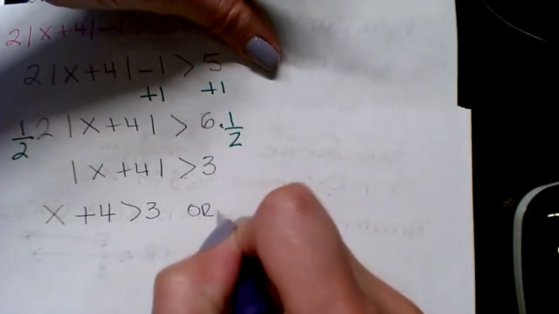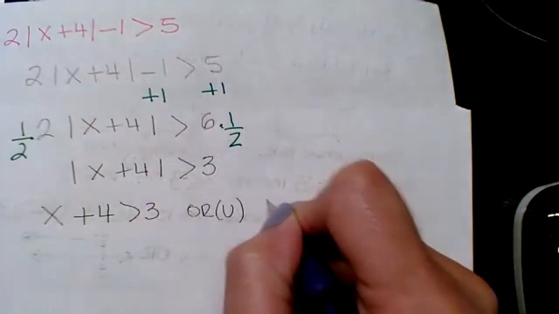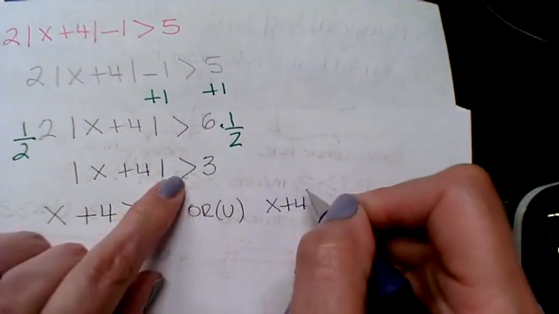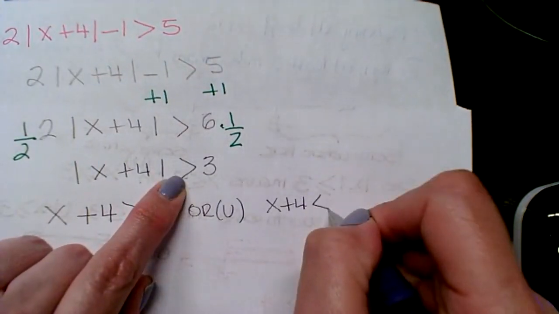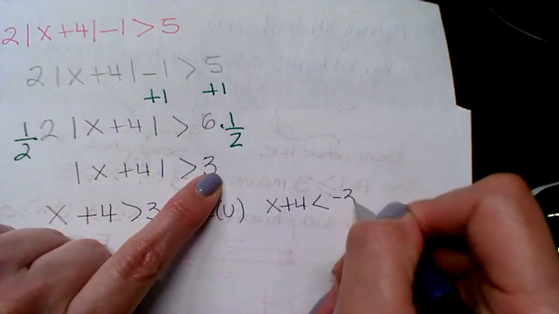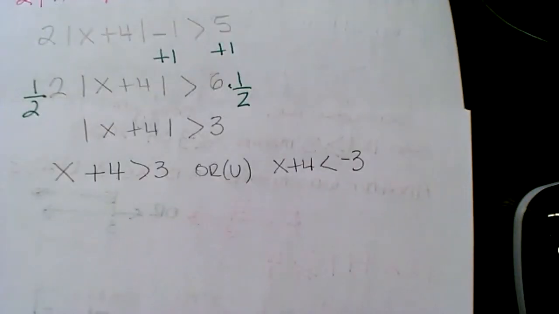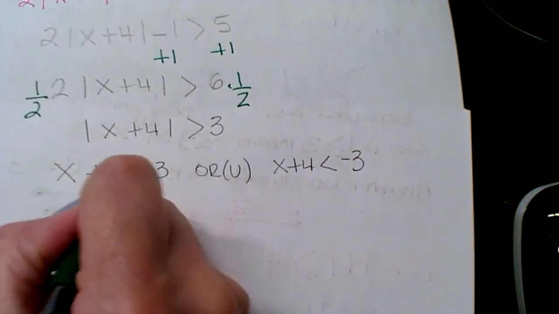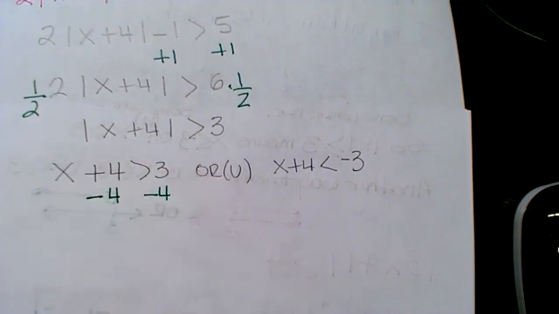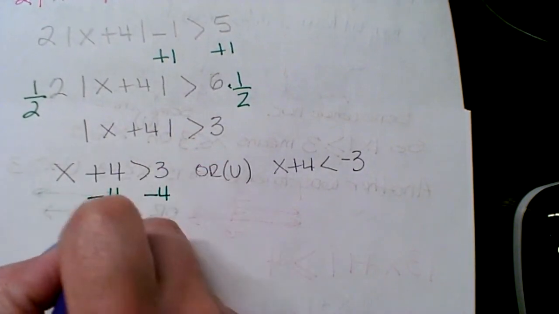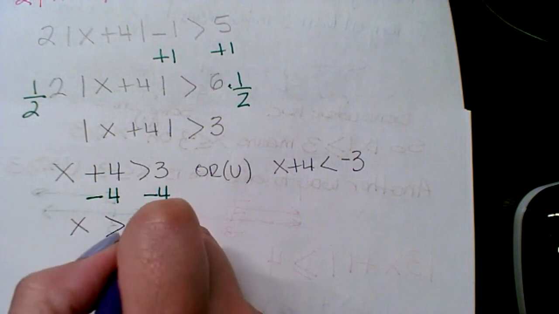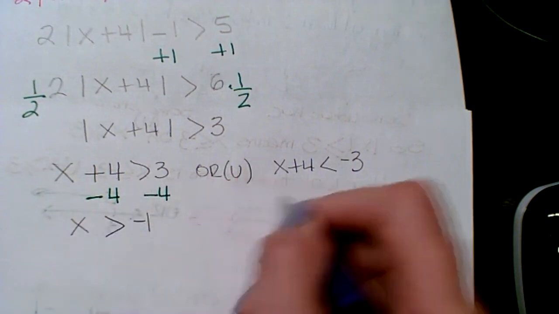It's going to be a union. Don't forget that. So the next one is going to be opposite sign and opposite value. All right? Let's make a 0 here. X is going to be greater than -1.